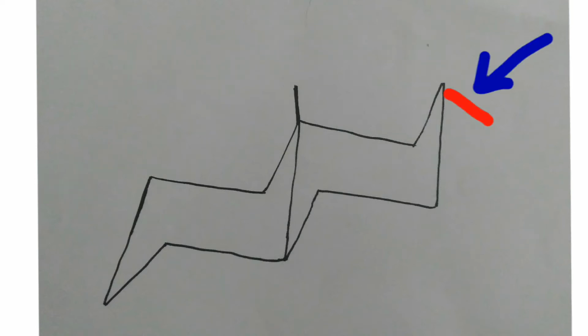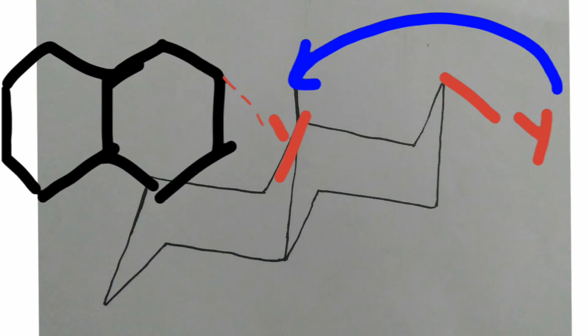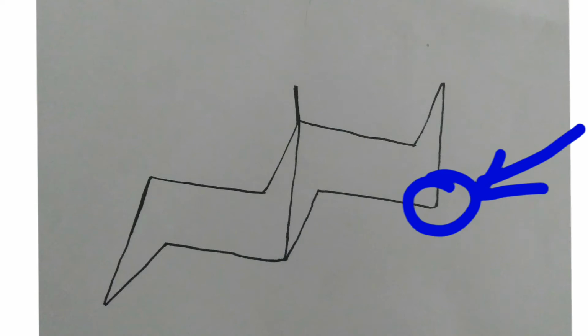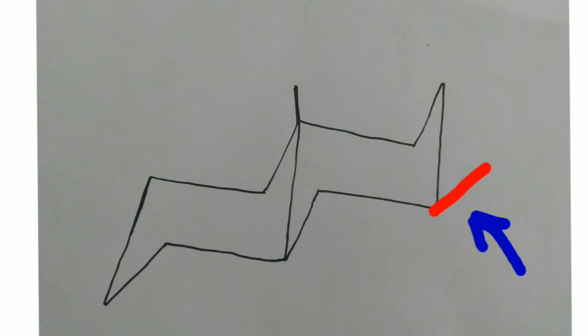Since this equatorial position is pointing downwards, any substituent present here will be shown as below the plane of the paper. For this point, this is the axial position and this is the equatorial position.